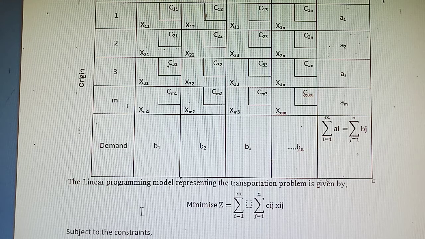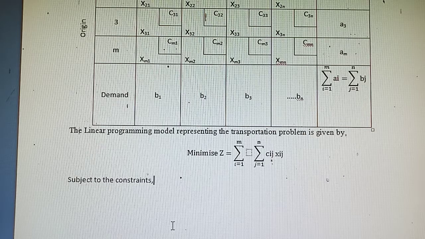Row and column sum must be equal, so that the linear programming model representing the transportation problem is given by: minimize z equal to. Minimize z means minimize the cost of transportation of one unit of commodity from one origin to another, equal to summation of i equal to 1 to m and summation of j equal to 1 to n cij into xij, subject to constraints.